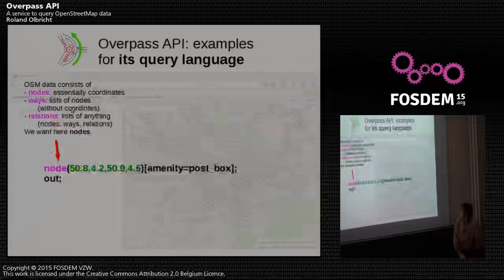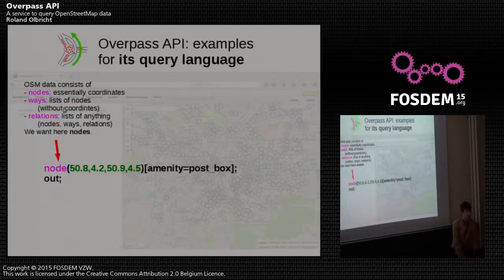It's something that's often vexing for people, but it's just the way it was decided about 10 years ago. And relations, which are essentially lists of anything: nodes, ways, or relations. In the case of the post boxes, it's quite easy because they have no spatial extents. We can be sure that these are nodes. This can't be ways or relations. So we only need to choose nodes.